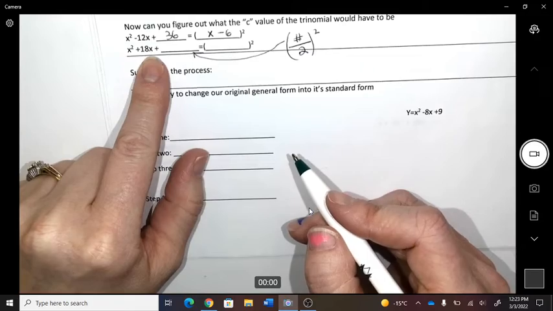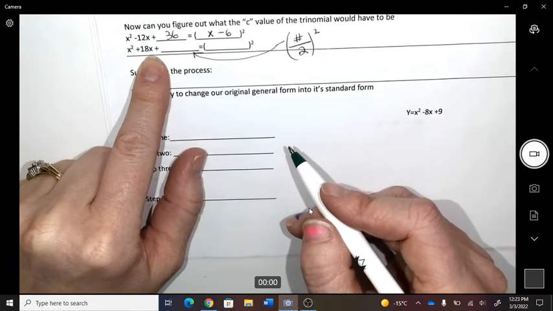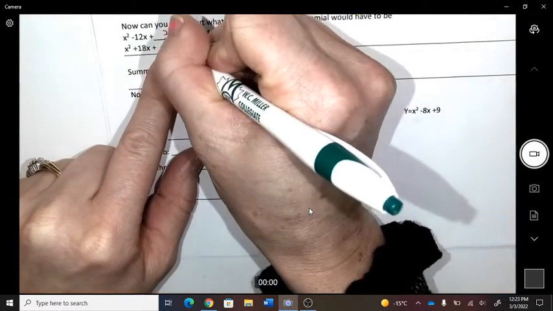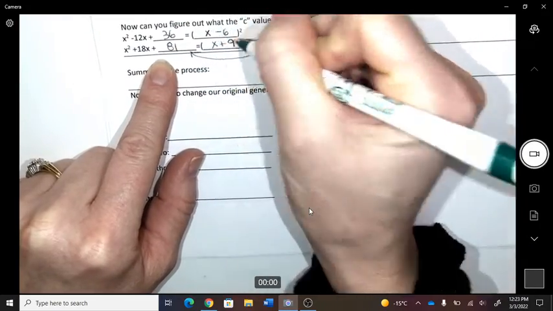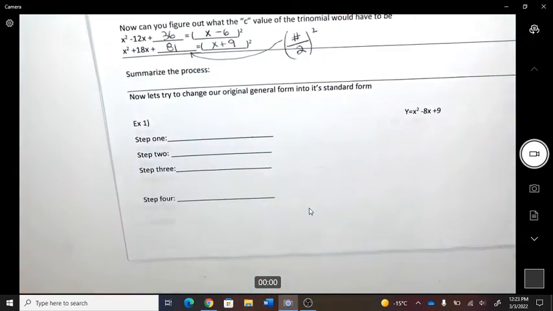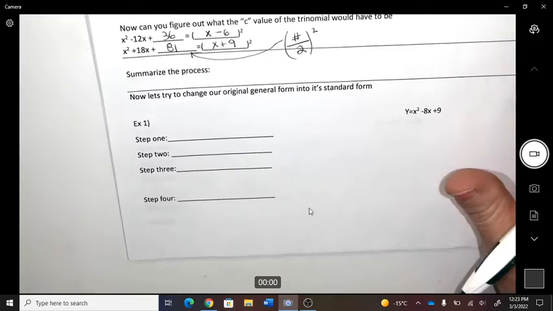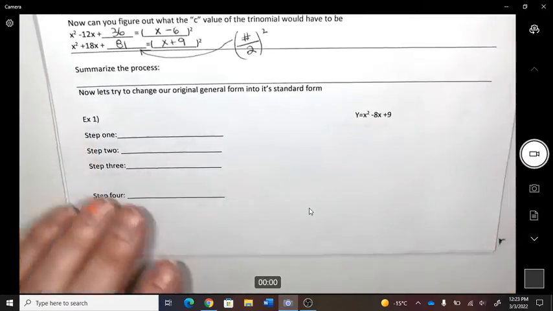Okay, so here I would take the half, which is 9 squared is 81, and that's where I put the 9. Okay, so that's what we're going to need to do this method.